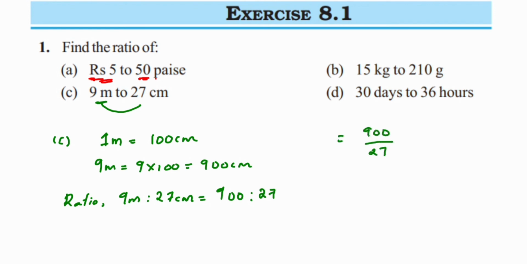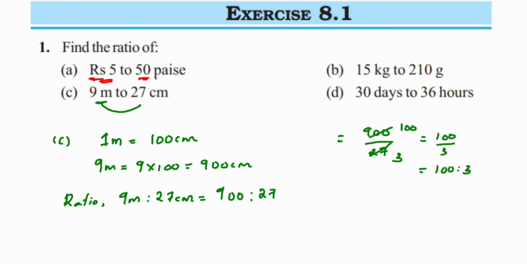Cancel in the 9 table. We get 100 on top and 3 below. We cannot cancel further, so it's 100 upon 3, or 100 is to 3.